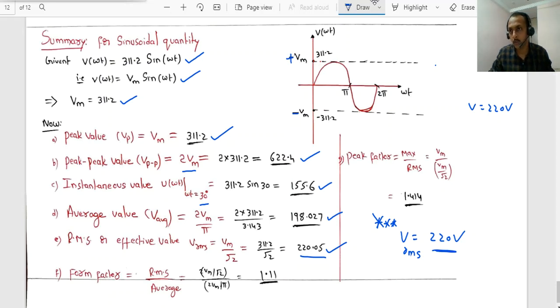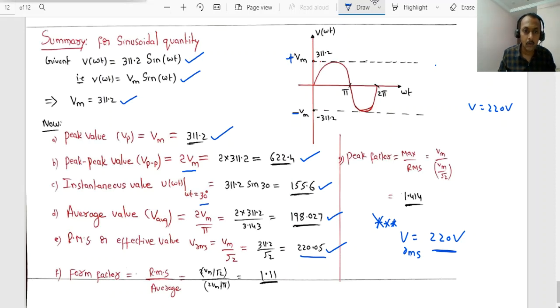That doubt should come to your mind. If nothing is specified, by default you should consider it as RMS value. Clear? Now 220 volts AC supply, we will use that word. So that 220 represents the RMS value.